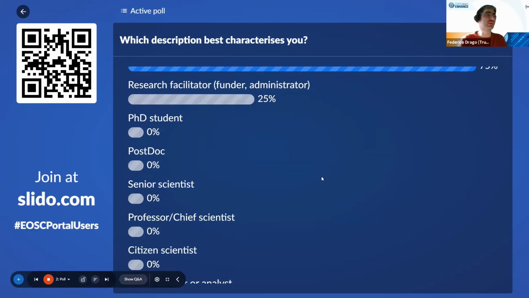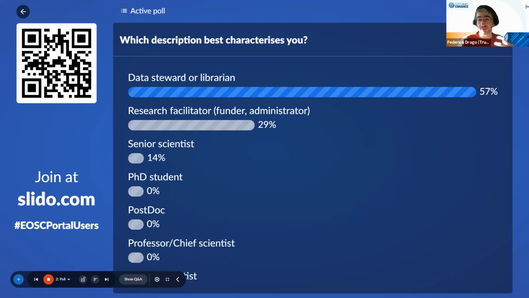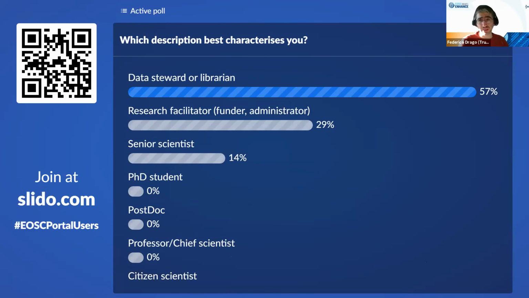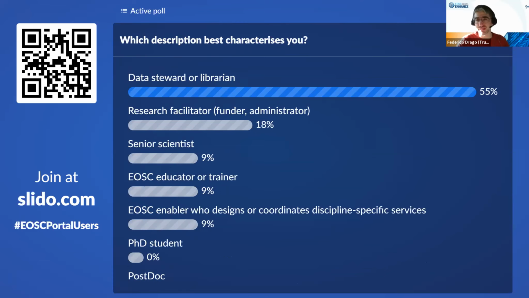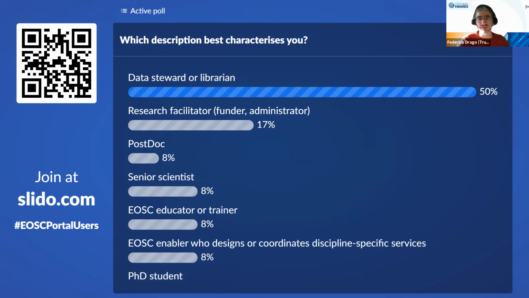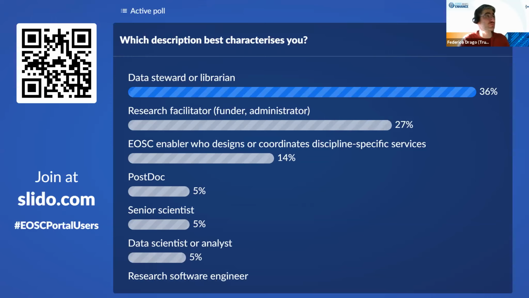So please give us an idea of your background so that we can understand what kind of audience we have today. This way, of course, we can also analyze the results of these questions better, and you will contribute to the improvement of the marketplace as well. So let's see, lots of data steward librarians, research facilitators as well.